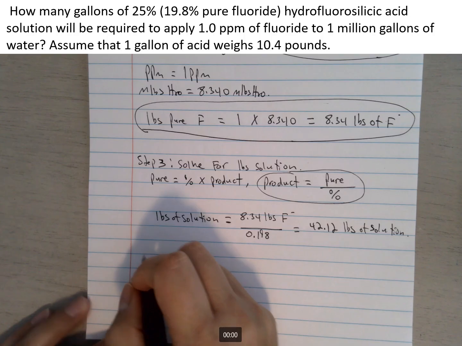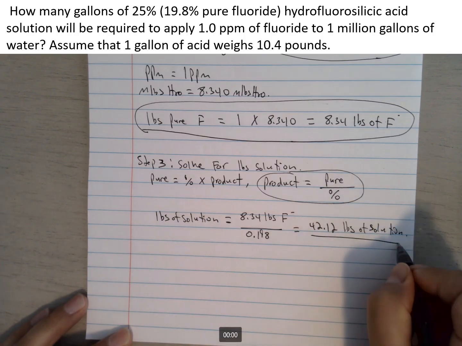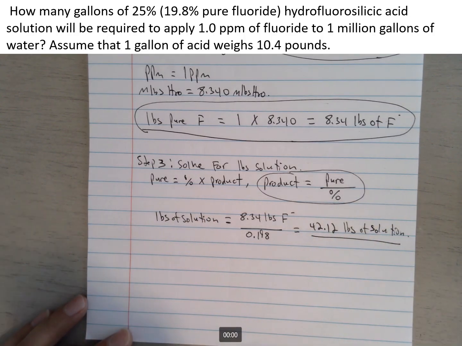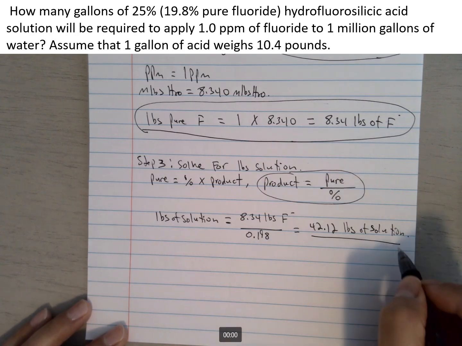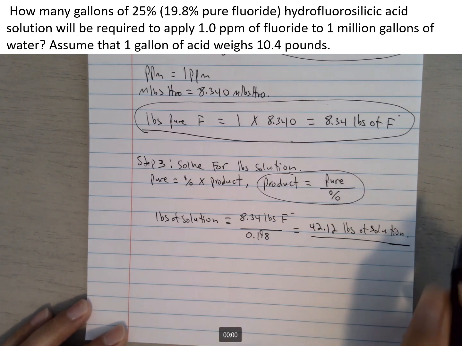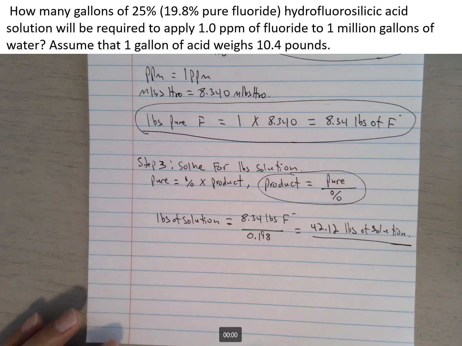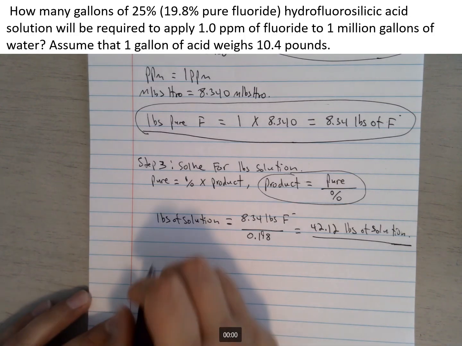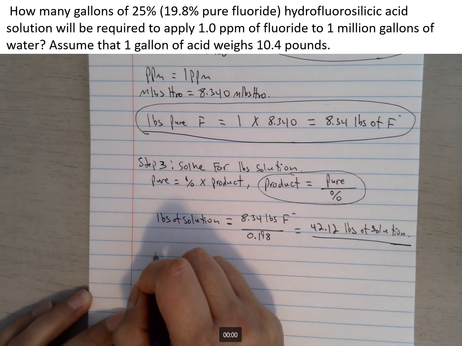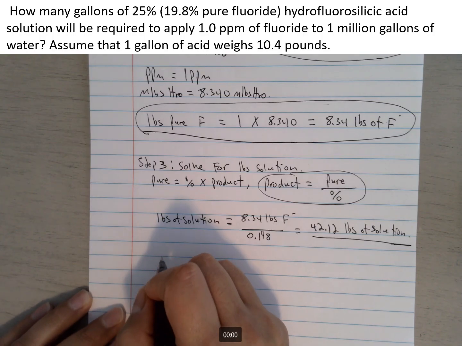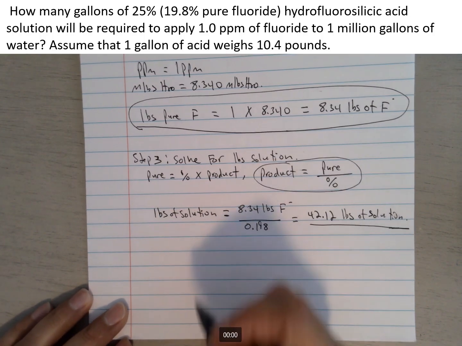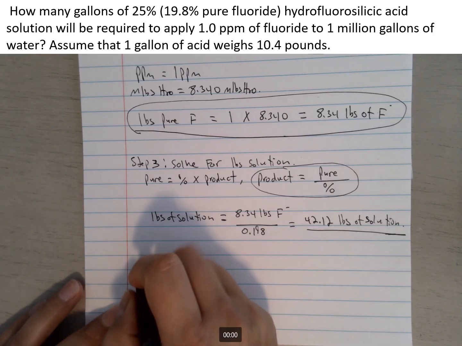We then want to take it one step further, because they're asking us how many gallons of solution do I need. We know we need 42.12 pounds of this solution. Let's use the weight of the acid in 1 gallon given in the problem statement to convert to gallons of solution.